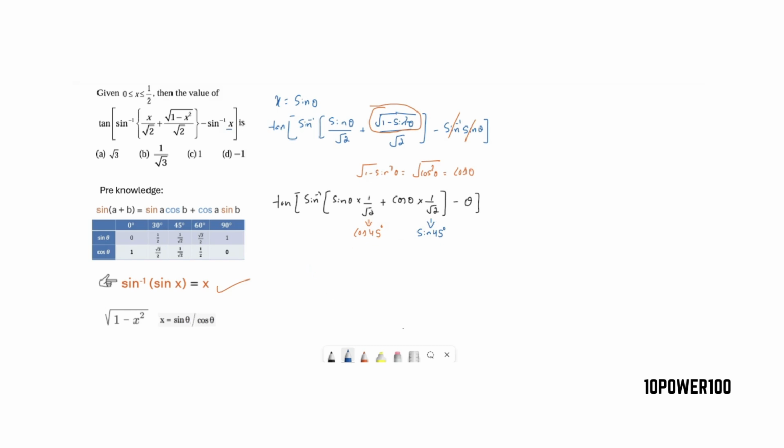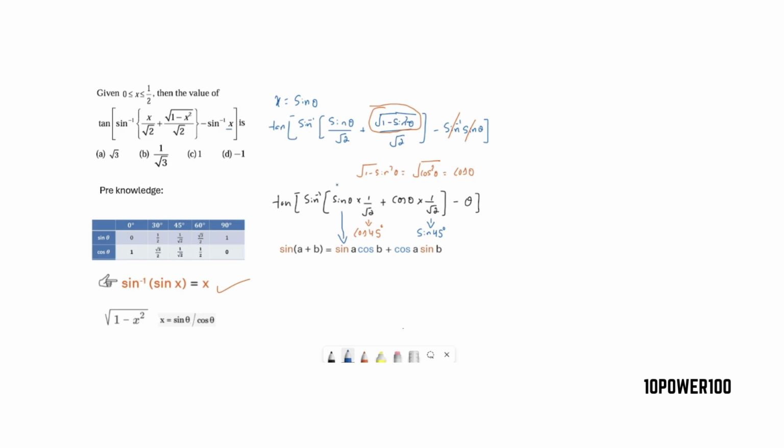The reason is very clear. So if you observe this formula, sine A cos B plus cos A sine B. So here in place of sine theta, we have sine A. In place of 1 by root 2, we needed cos B. So that's the reason we have written cos 45 degree, and in place of cos theta we have cos A, and in place of 1 by root 2 we replaced the sine 45.